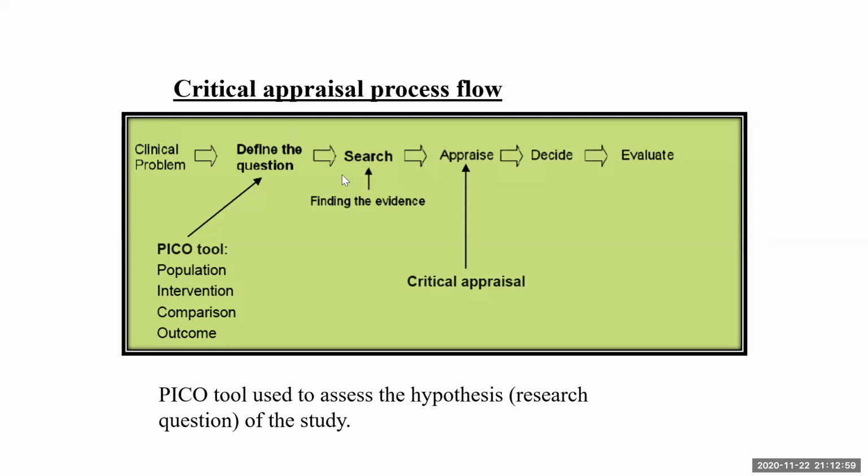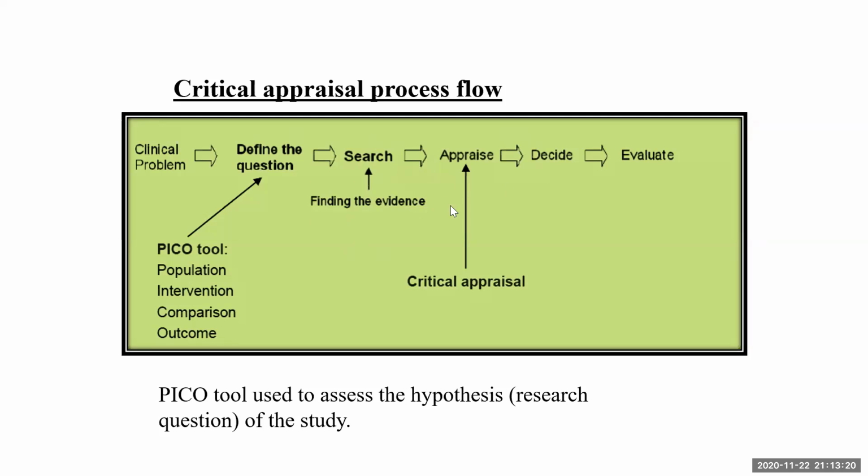And then we move on to the next step, which is searching or finding the evidence. As we said, systematic reviews use the available evidence from randomized controlled clinical trials. Therefore, we need to search for these studies and find the evidence.